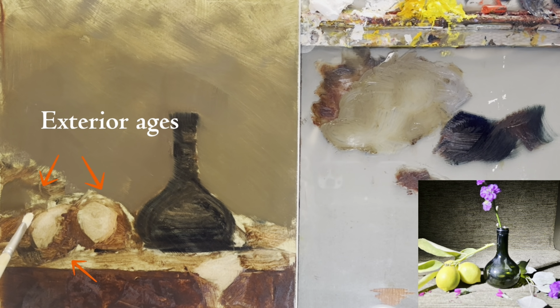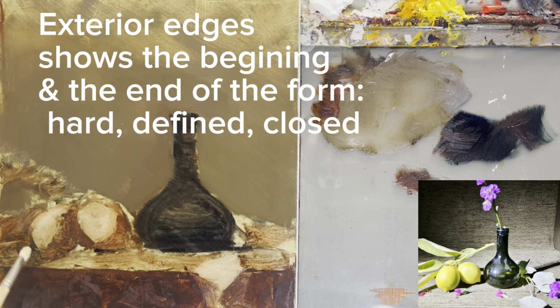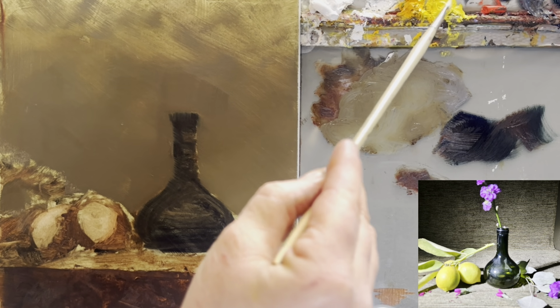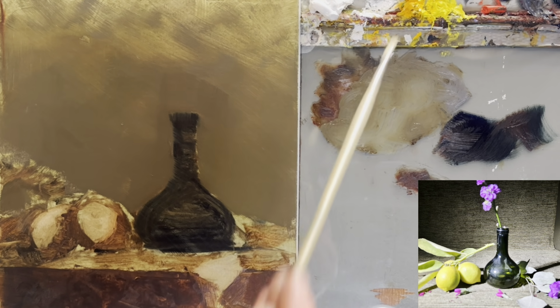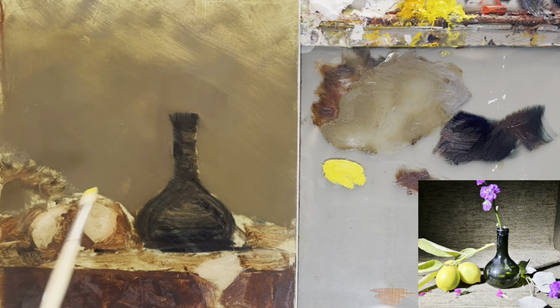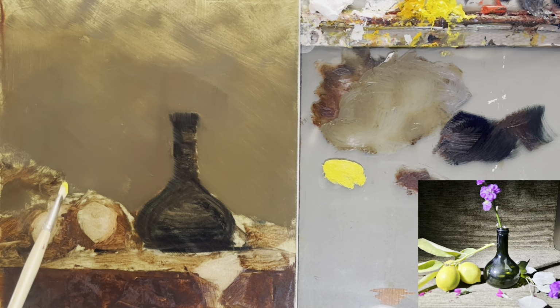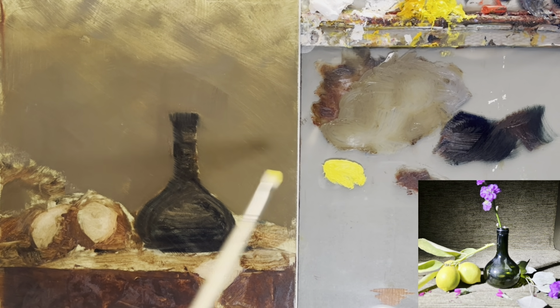It is the beginning and the end. Exterior edges need definition because we always need to know where things begin and where they end. But relatively speaking, the inner edge is always softer than the starting and finish edges.